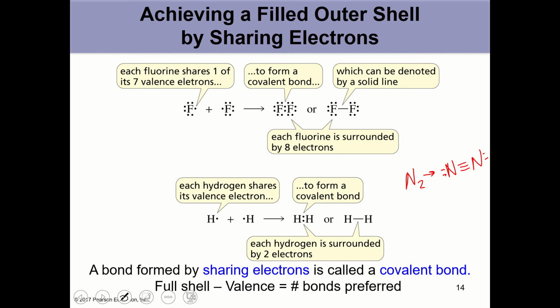In nitrogen gas, N2, each of the atoms owns 5 electrons. 5 times 2 is a total of 10 electrons. So how can they be surrounded by an octet? They form a triple bond. The 2 nitrogens are sharing 6 electrons in a bond, and then they each have a lone pair, which gives both nitrogens a total of 8 electrons.